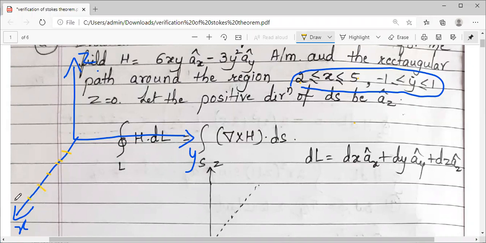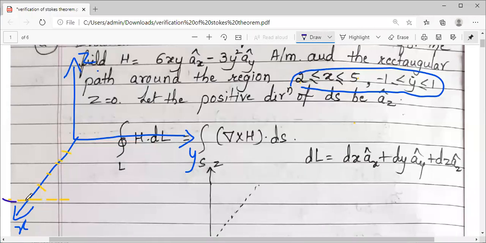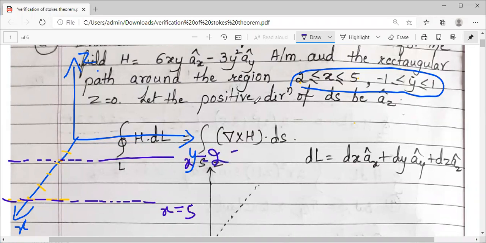Somewhere here it will come. Hope it is visible to all of you. This line indicates X equals 5, and this line indicates X equals 2. I have marked 2 lines.